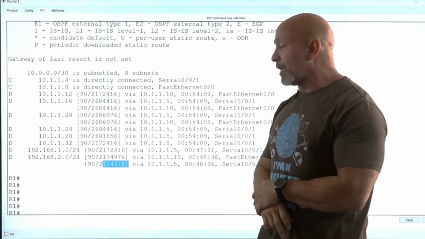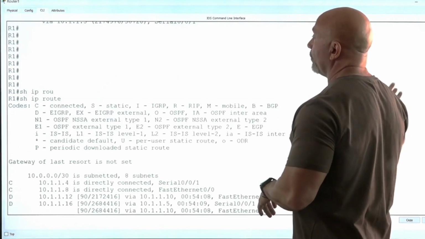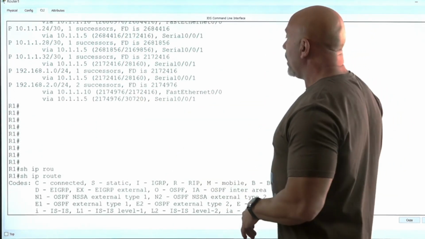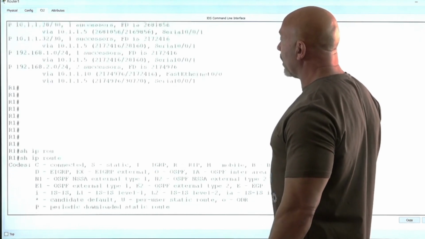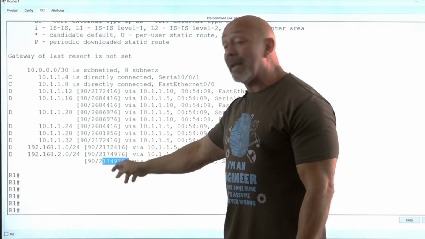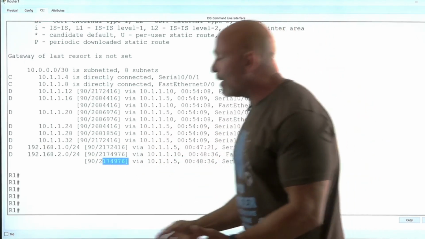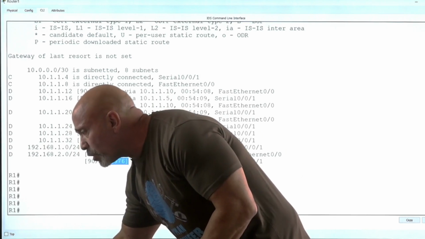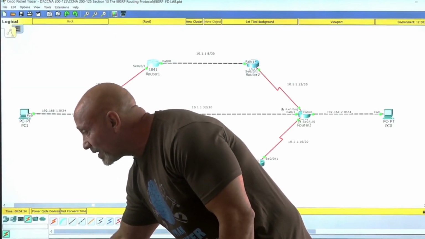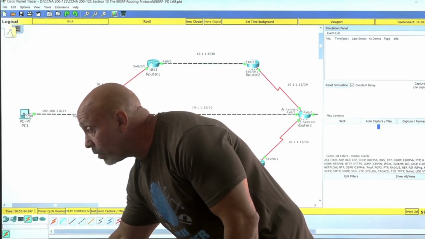That 37160 that we saw in the topology table, okay, if we scroll down, that 30720 that we saw, it's not going to come into play at all because the feasible distance is this number that we're looking at as the best path. Well, Laz, how can that be the best path if the other number is lower? Well, let's take a look to see exactly which way it's going to go.